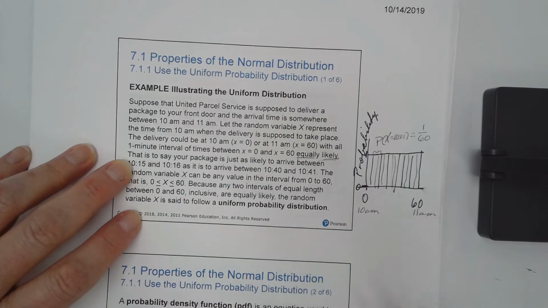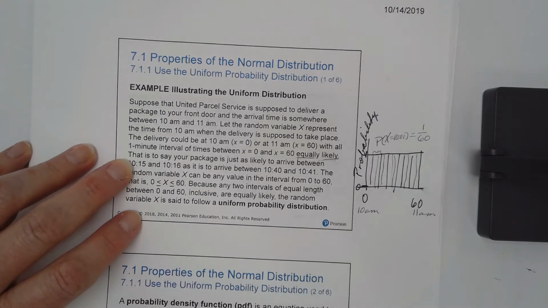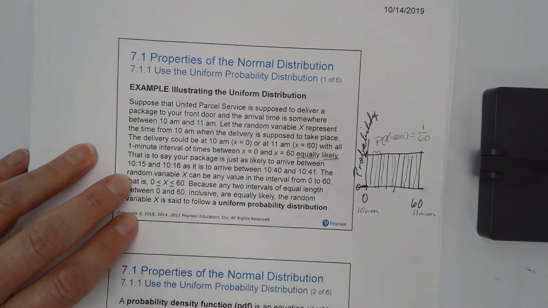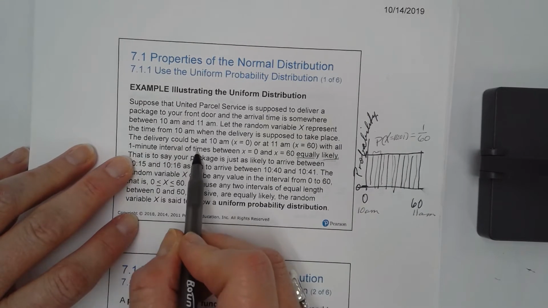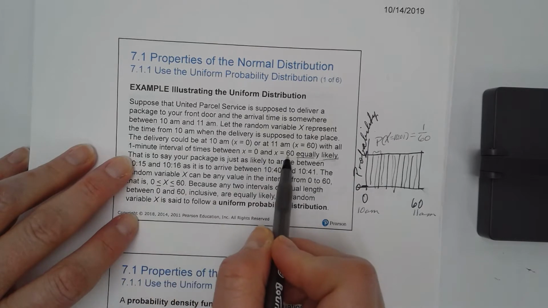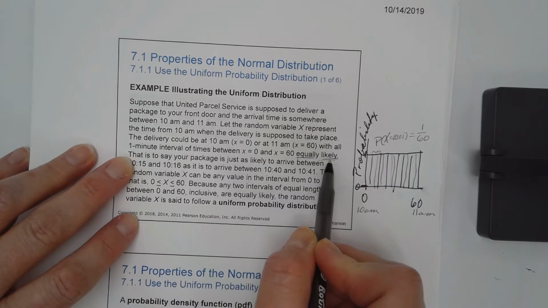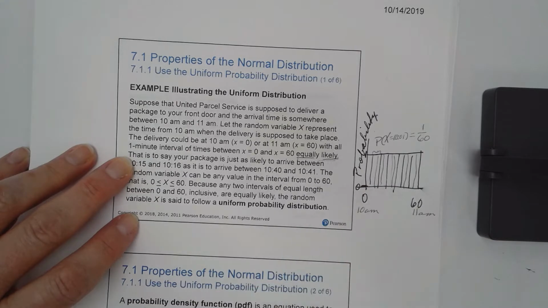The probability that it's delivered at 10:02 is 1 out of 60. The probability it's delivered at 10:03 is 1 out of 60. We're just considering minute intervals because that's what it told us to do. Because it says all 1 minute intervals of time between x equals 0 and x equals 60 are equally likely, that's why we're only considering minutes and not seconds.